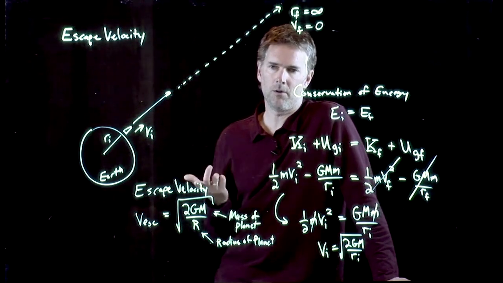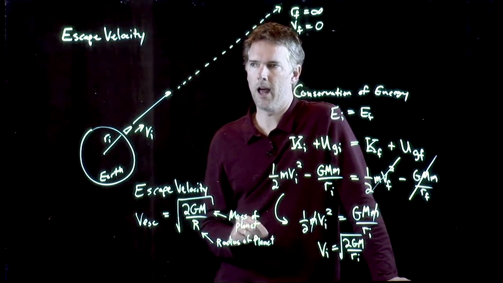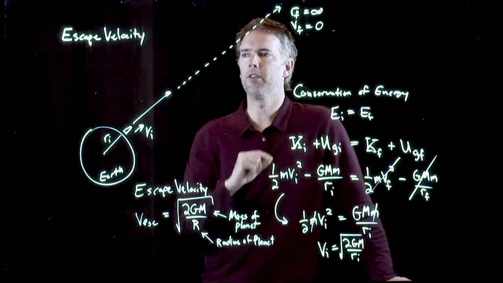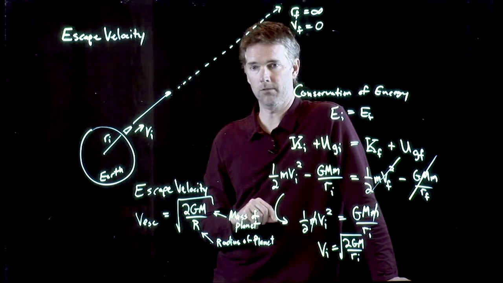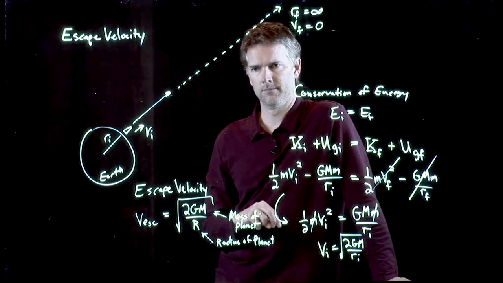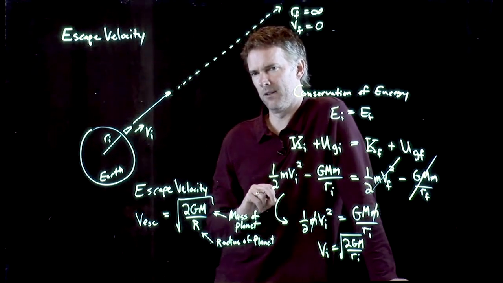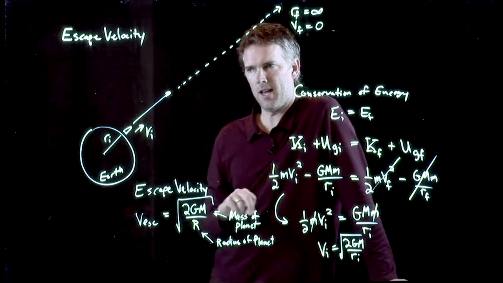So let me ask you a question. Have we as humans ever done this? Have we ever launched something that has left the Earth and never come back? Yes, leaving the solar system. Specifically what? Can you think of the name of one? There's a very famous name.